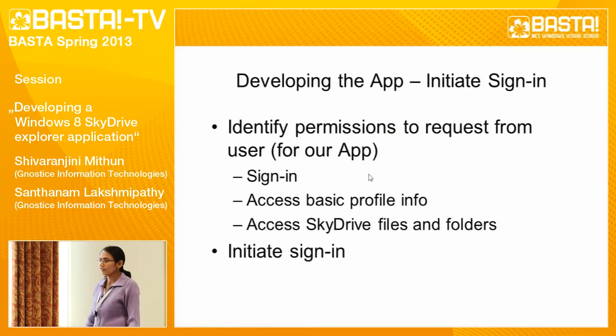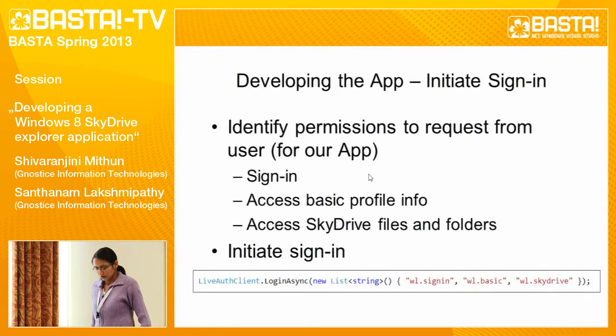Once we identify that, the next step is to initiate the sign-in process. The Live SDK provides a class called LiveAuthClient. This class has a method LoginAsync. This method takes a list of permissions needed for our application, and it will initiate the sign-in process.